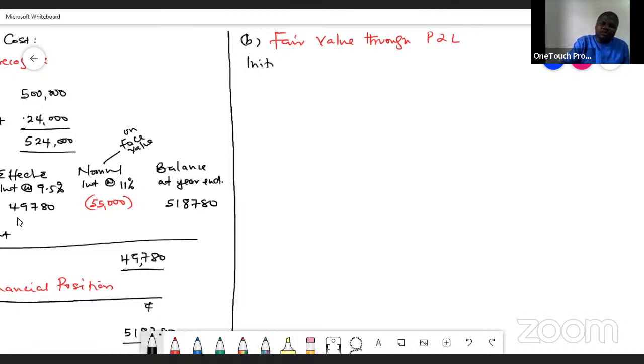Initial amount to recognize is going to be how much? The amount of 500,000, the one we calculated. We don't add the transaction cost. So we go to P&L straight away. So income statement.